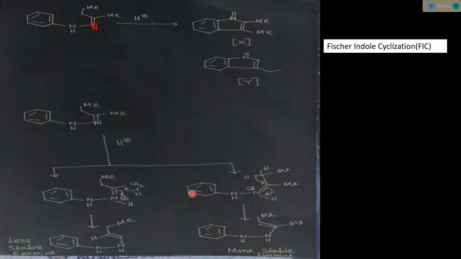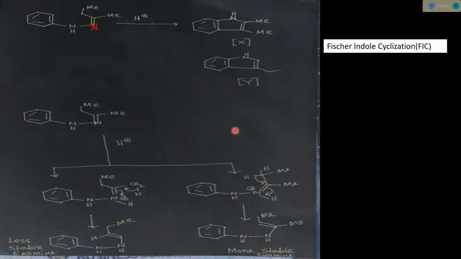So if we use H3PO4 as the acid source, X and Y will form in equal amounts, means 50%, 50%.